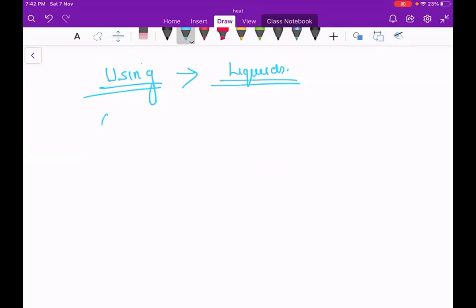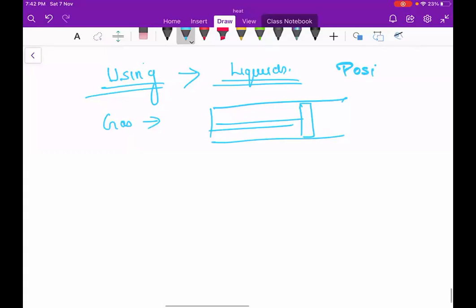Suppose I want to flow gas from the reciprocating pump, or you can say positive displacement pump, PD pump.